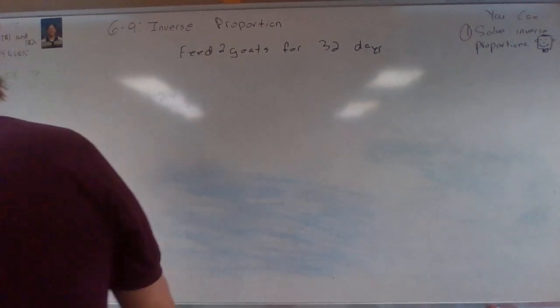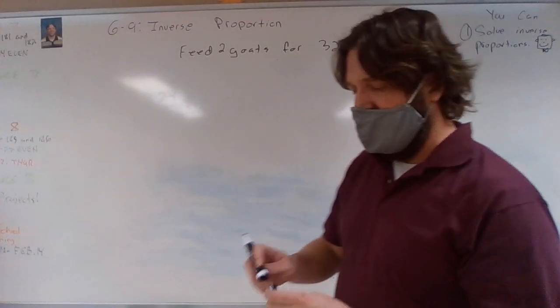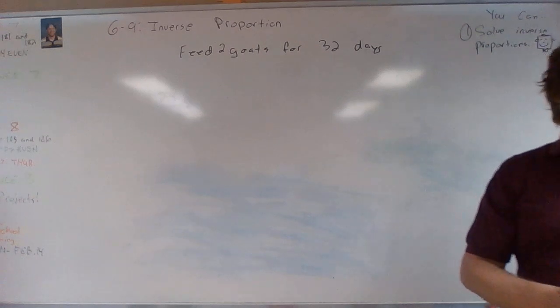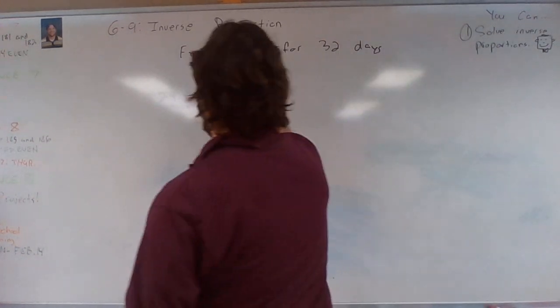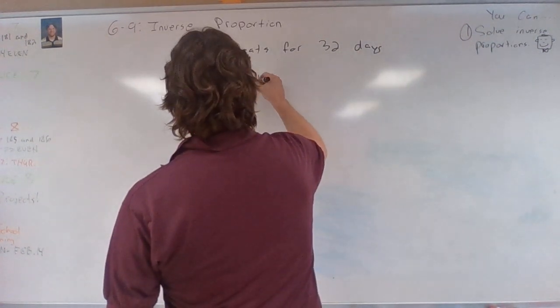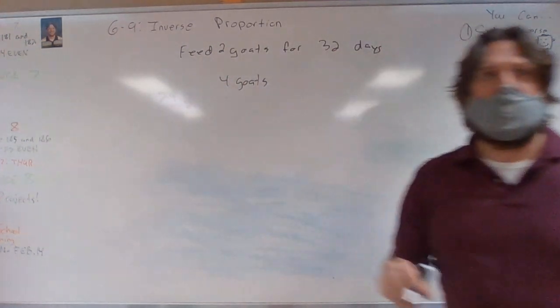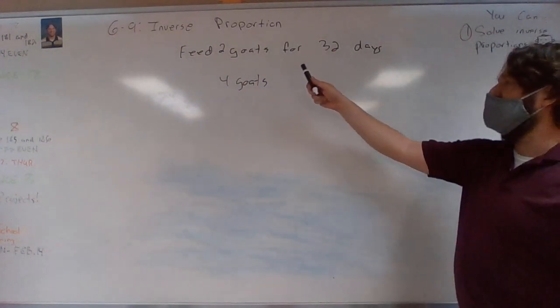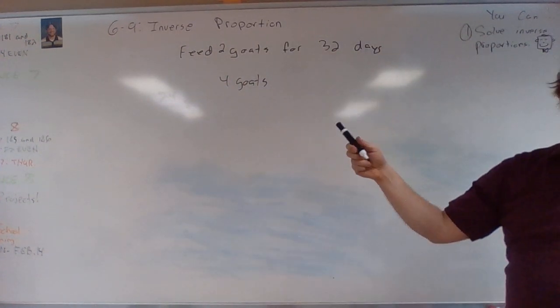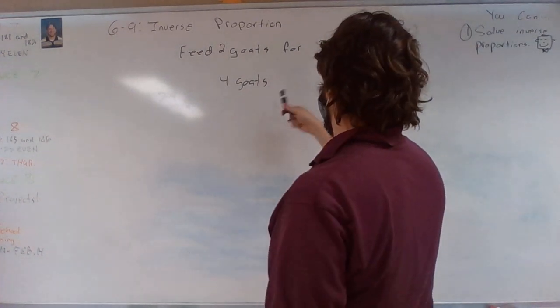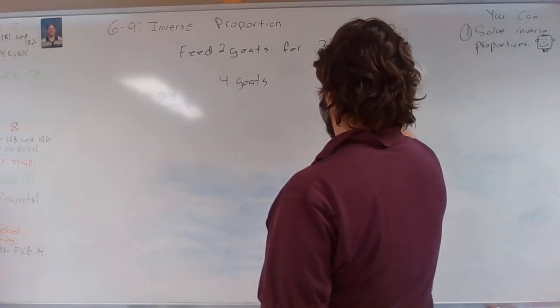Now, say all of a sudden the farmer gets more goats. Say now he has 4 goats. So if I had 2 goats and enough food for 32 days, and I get 4 goats, does that mean I'm going to have enough food for 64 days for them?